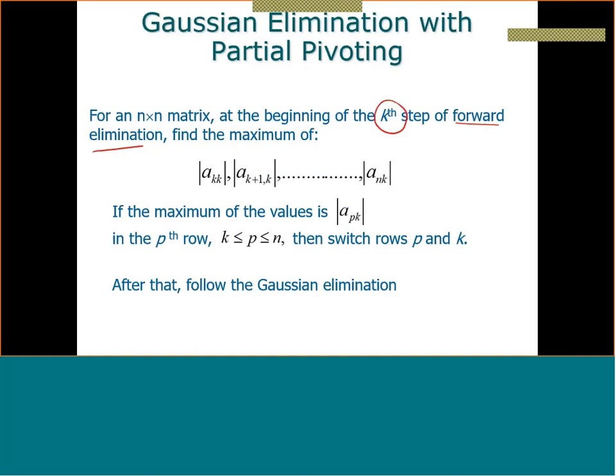You check the kth element down to the end of that column. If this kth element is the highest among all of them, you don't need to do anything. If you find another row has a higher number in that column, you swap these two rows, and then you proceed as regular as you do in forward elimination.